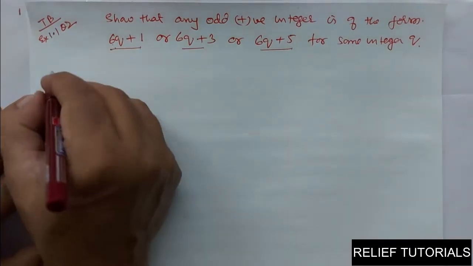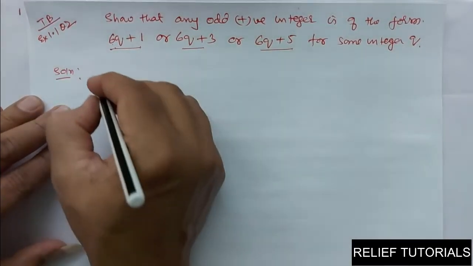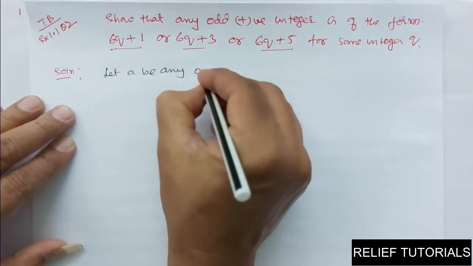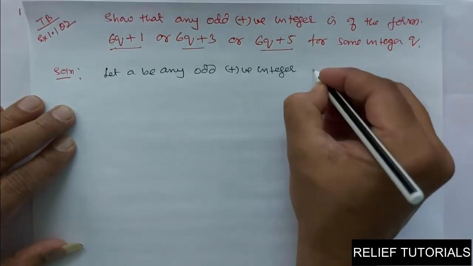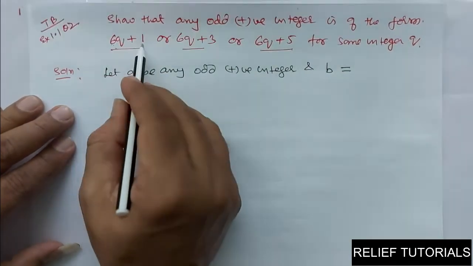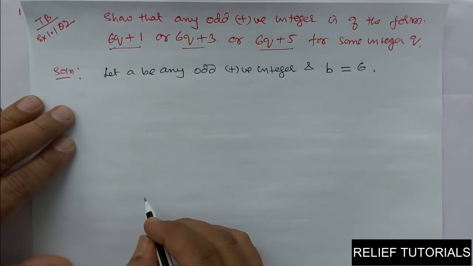So solution, what will we do? See here. Let A be any odd positive integer. And what will be B now? Let B be, look at this, bq plus r. So B is equal to 6. Clear?